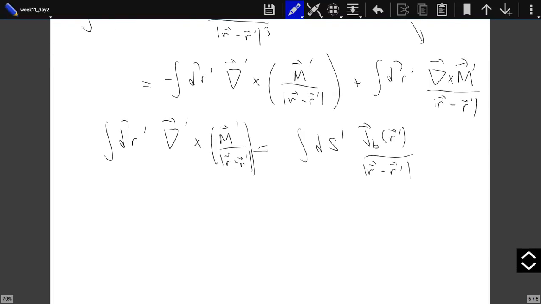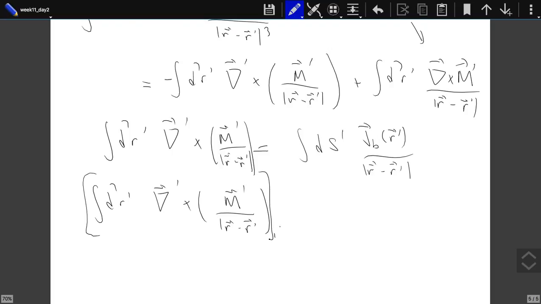So let us see. Let us start with this one. Let us look at the i component of this. This is equal to epsilon i j k, integral d cubed r prime, del over del x j of m prime k over r minus r prime.